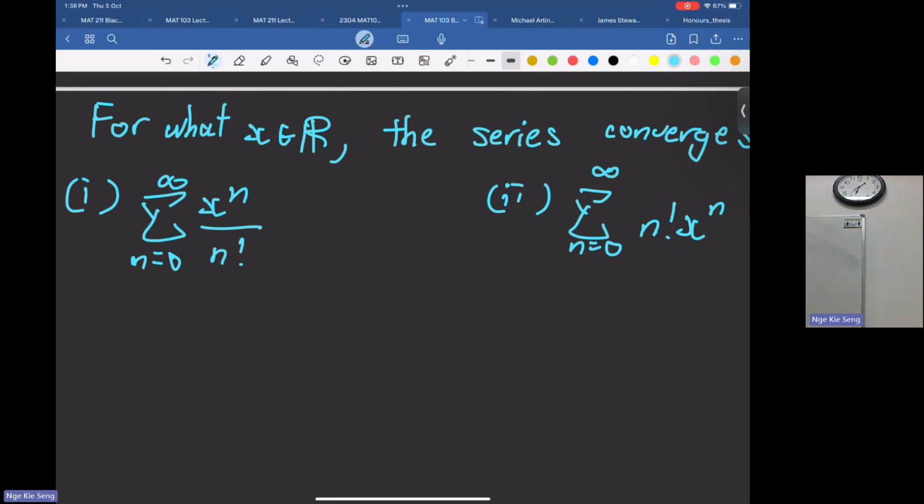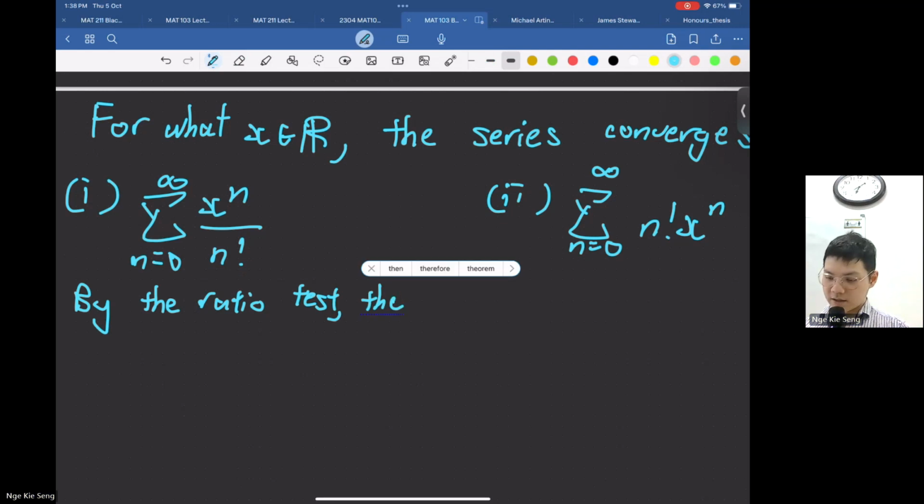We have a question, and then we devise a way to check. What's the way we devise? In this case, the ratio test. So let's check. They have to converge when the ratio of the coefficients is less than 1.